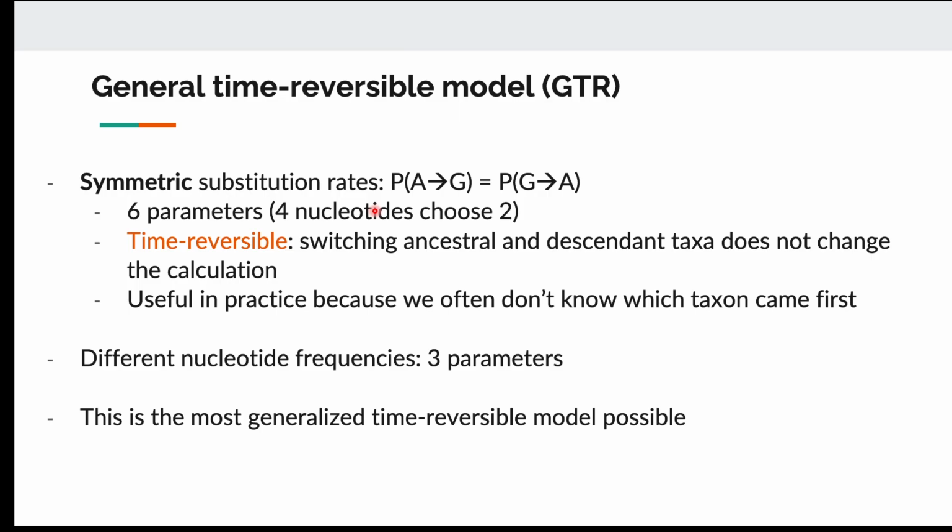If we pick 2 at a time, we can do this 6 ways. So we have 6 parameters. And we have 3 different parameters for the frequency of A, C, G, and T. So this model has 9 parameters. In some papers, they might say 8 because they can reparameterize it, but for the sake of being simple, we are going to think of this as 9 parameters.